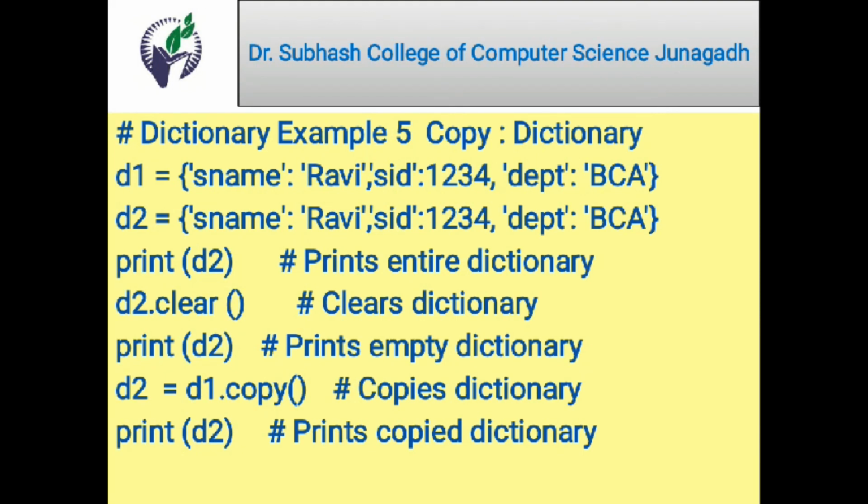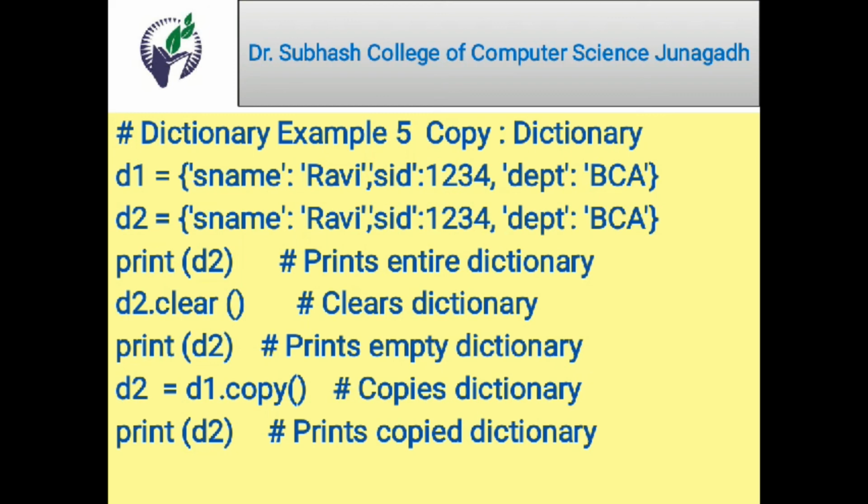Copy dictionary. Here D1 contains the same dictionary that we have seen, and D2 contains the same dictionary again. Both are the same dictionary. Print D2, it will print the entire dictionary: student name, student ID and department. After this we clear D2 with D2.clear, which clears the entire dictionary, so D2 is now empty. Print D2, it will print an empty dictionary.